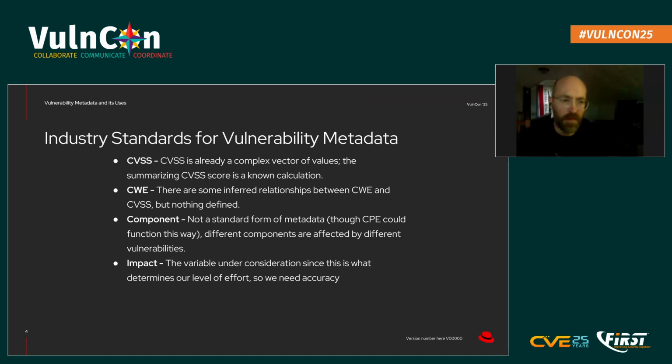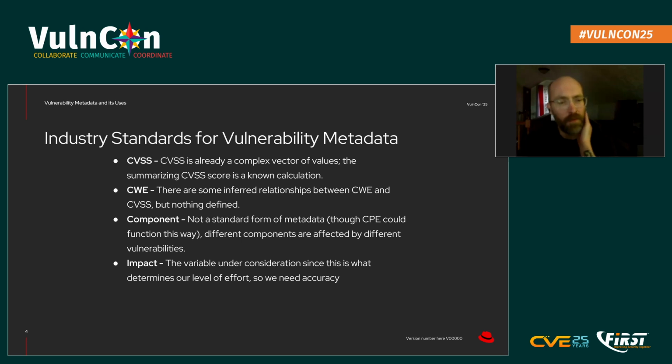I'm assuming everyone here is more or less familiar with those, but I'll talk a little bit more about those in the future. You can think of those three as our independent variables and impact as our fourth, our dependent variable. Within Red Hat, we have four categories of impact for vulnerabilities. We have low, moderate, important, and critical.